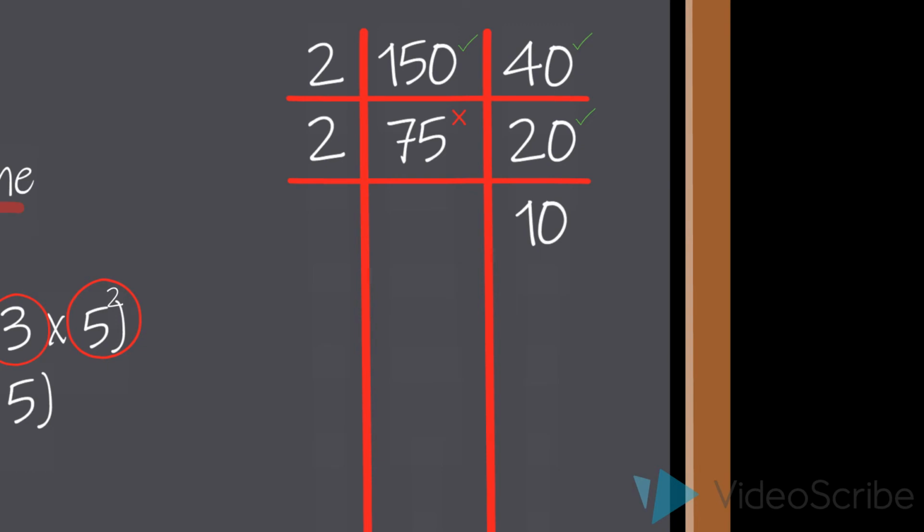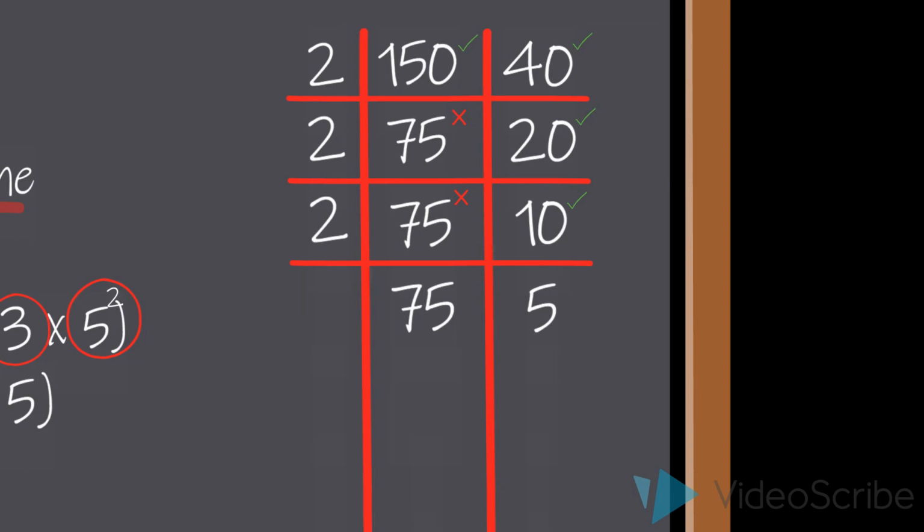Because 75 is not divisible by 2, we can just rewrite the 75 under the 75. Let's try 2 again. Again, 75 cannot be divided by 2, so we just rewrite the 75 again. But 10 can be divided by 2. So we write the answer to 10 divided by 2 underneath the 10.